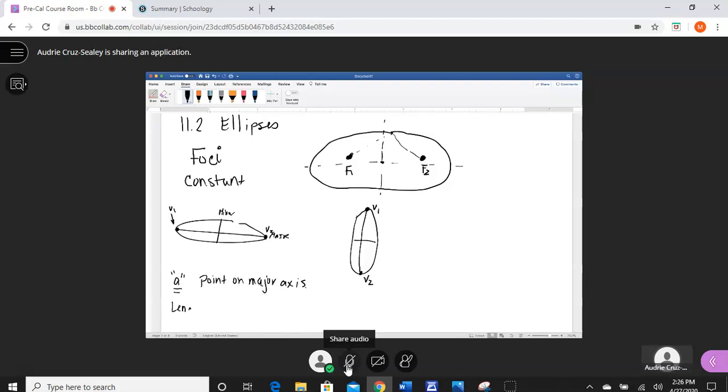The length of your major axis is 2A. The length of the minor axis is 2B. C is the distance from the origin to a foci.